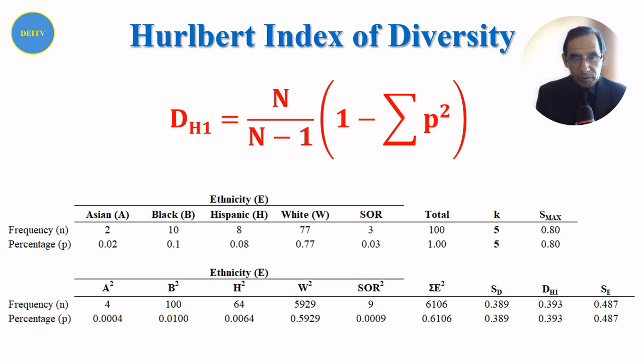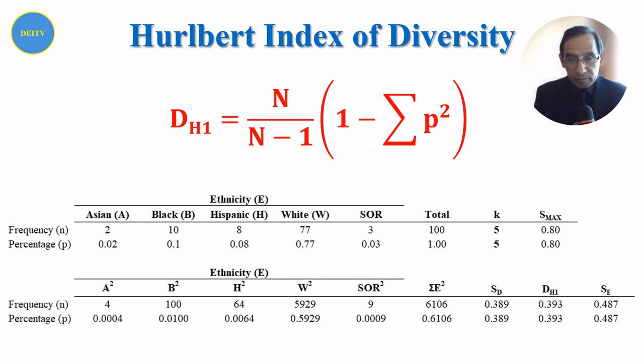And you do that for the Black work group, the Hispanic work group, the White work group, and some other race or ethnic group. You square those percentages. That gives you the sum of p squared. Again, that's the Simpson concentration score.